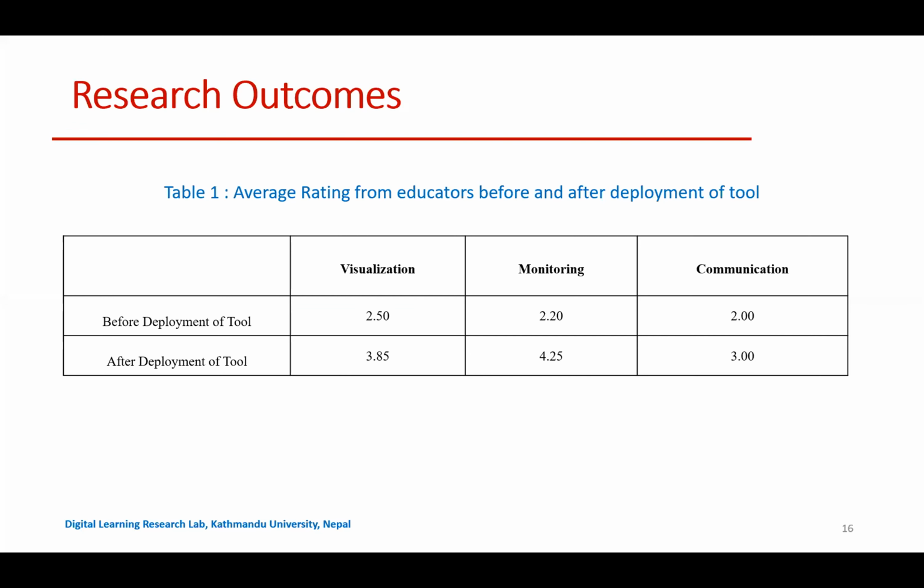And after the deployment of the tool and after the post-survey, the scores have now slightly improved, especially in the monitoring part, where we can see there is a significant improvement in the scores from the same educators, and also a slight improvement in the communication part.